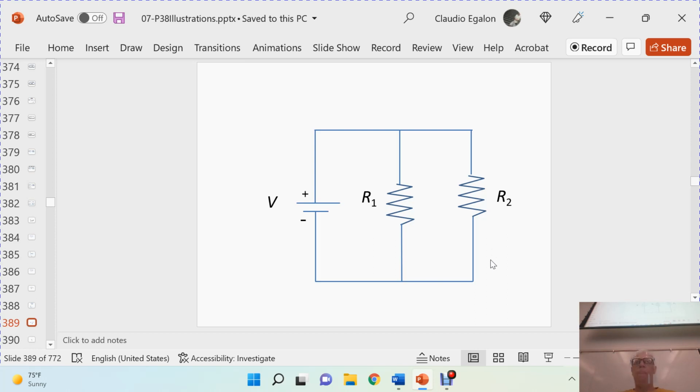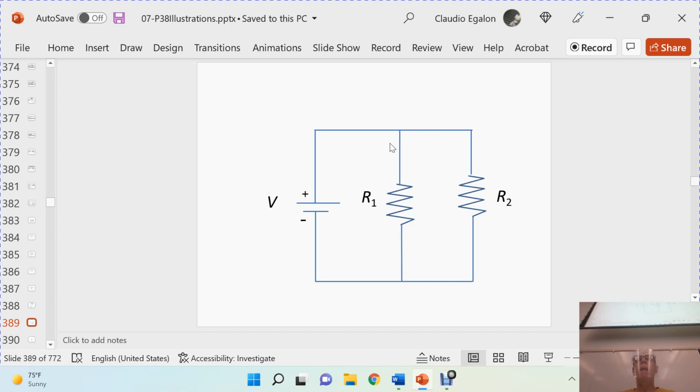Okay? And what else do we have to look at? The way you look at it is that the electric charge is flowing in this direction, and when it comes to this junction here, just like you have a junction in the road, some of the electrons are going to flow this way, other electrons are going to flow this way.